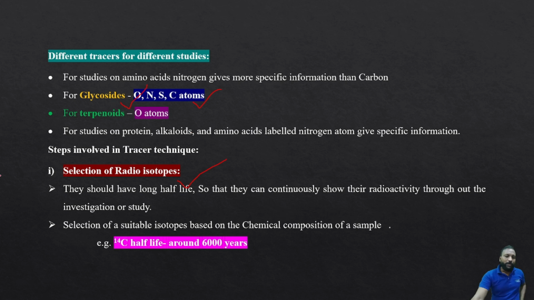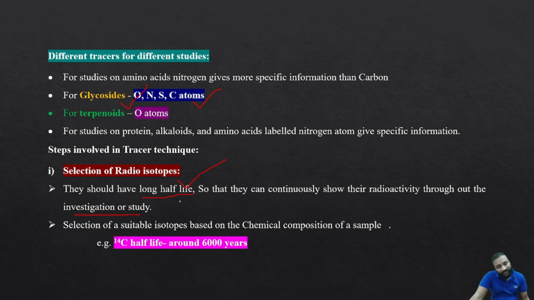After deciding, you should consider some points: the particular radioactive isotope should have a long half-life, and it can continuously show its radioactivity throughout the investigation of the study. It should be stable, and it should emit the radiation throughout the process, so that we can capture each and everything.